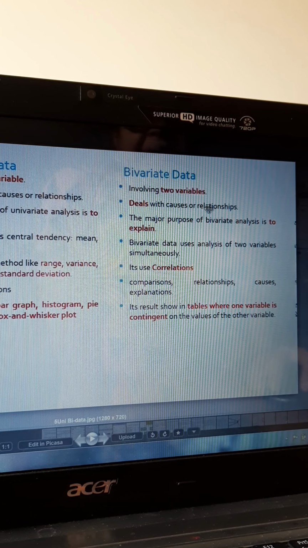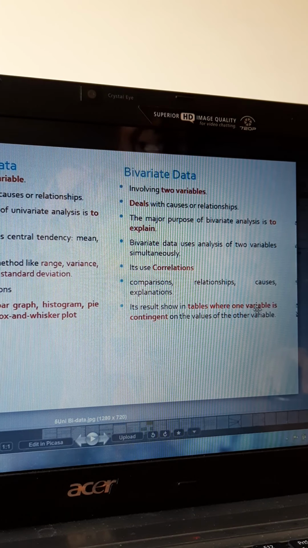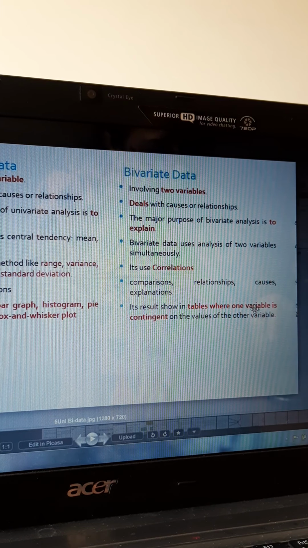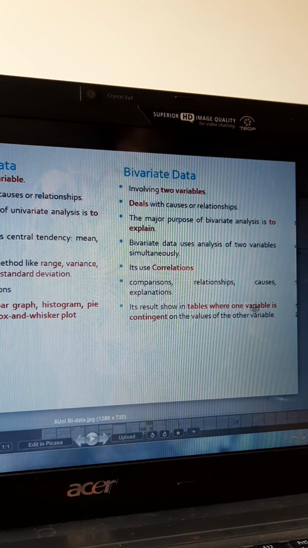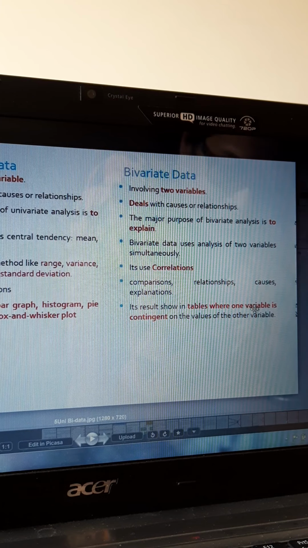The major purpose of bivariate analysis is to explain phenomena, why it is happening, is it happening. Is there a correlation between sales of ice cream and temperature? Is there a difference between the weight of children born in India and the weight of children born in UK, US, like that?